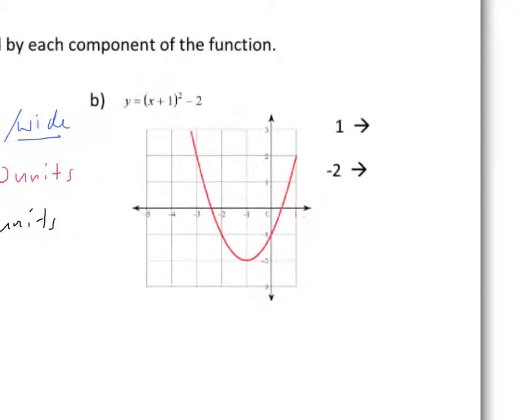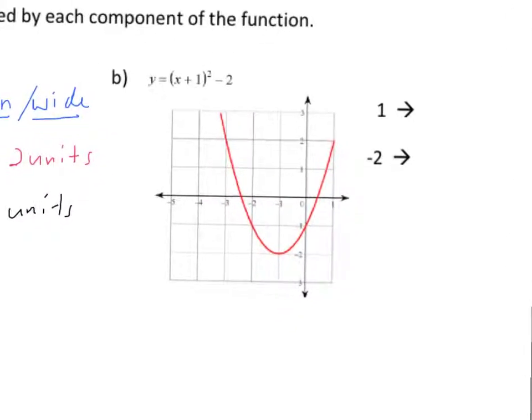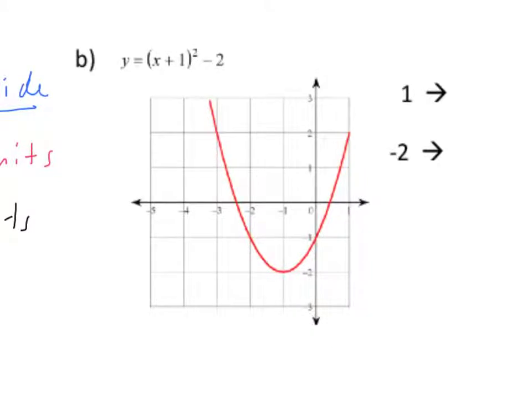The next one, there is no value inside or on the outside of this parenthesis, but we all know that it is a 1, so nothing is affected in terms of its width, but it will open up because it's positive.